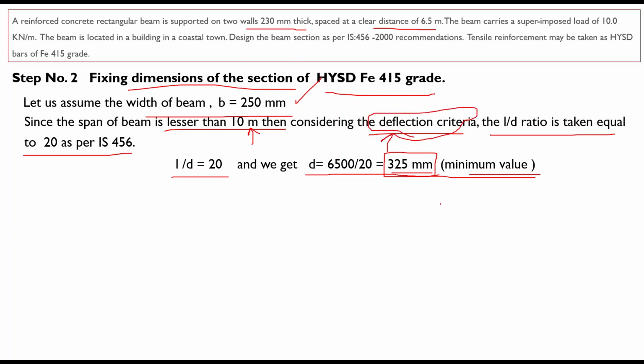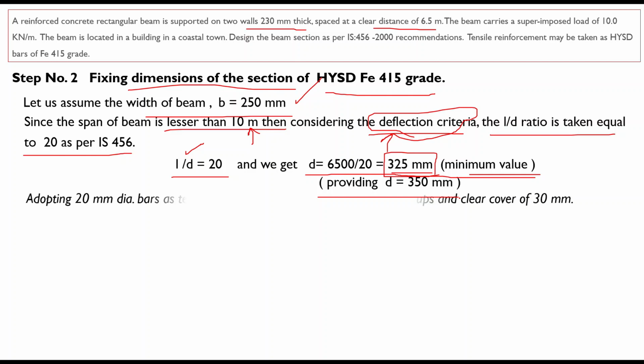So we are assuming that as per the IS code, if we assume the dimension based on the deflection criteria, then it is expected that the beam which you are going to design will behave safely in case of deflection. So making a round off, we are providing 350 mm effective depth of the section.